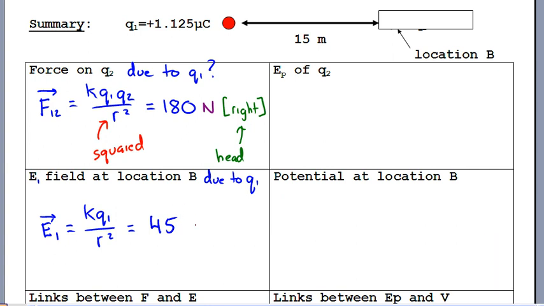It's a warning about newtons, so it's actually newtons per coulomb. And then for direction, we would ask ourselves, if you did put a positive there, like if you put a little proton at that location, which way would that proton get shoved? And the answer is, oh, well, to the right, much like that 4 coulombs got shoved to the right. So again, for that part, you use your head and make sure that you go with an r squared down in the bottom.